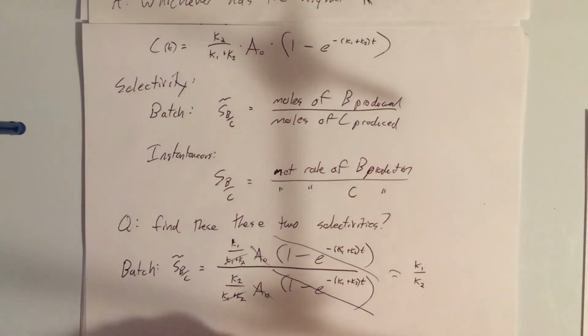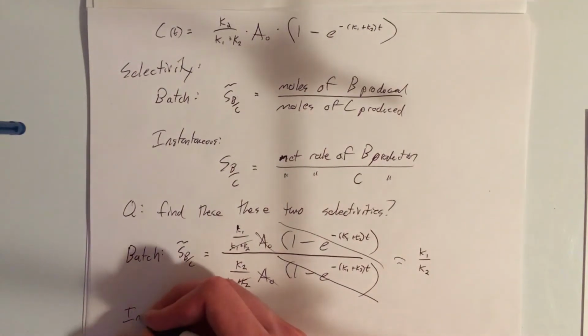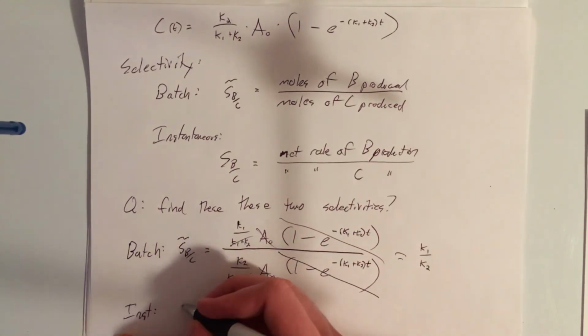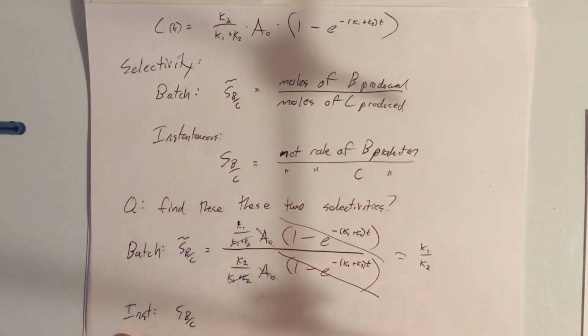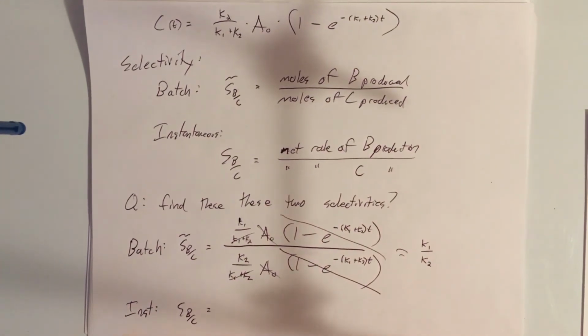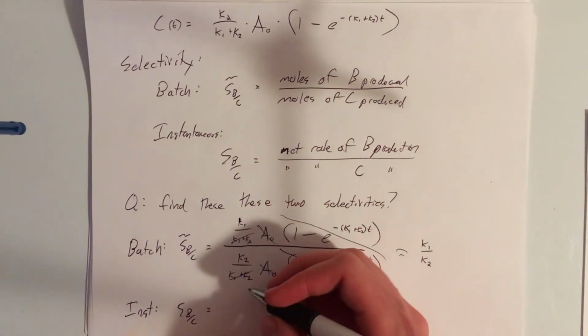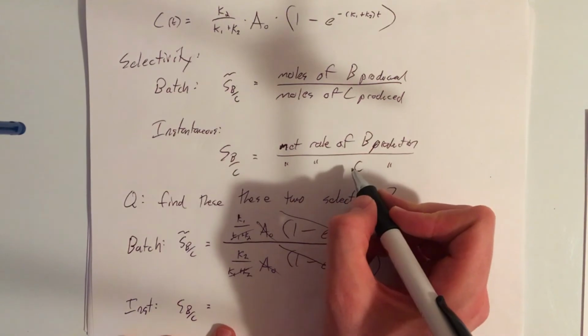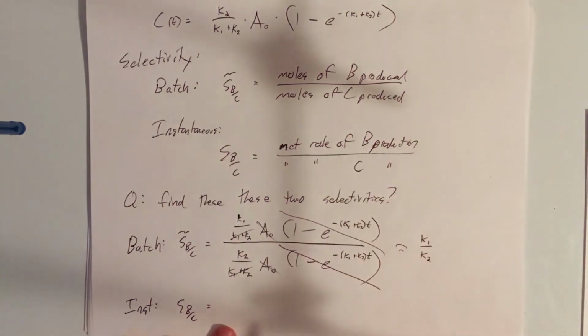All right, now, can we work out a similar expression for our instantaneous selectivity? Pause the video and try to work that out. Well, yes, we can. We can just plug in the rate laws for the two, the net rate of B production and the net rate of C production. There's only really one reaction involved in each, so we can work it out.